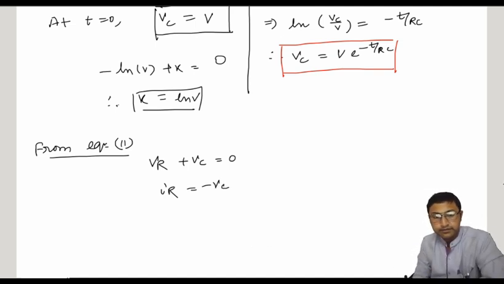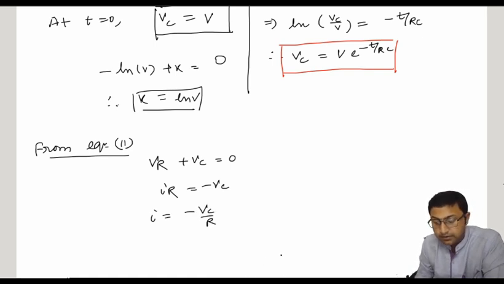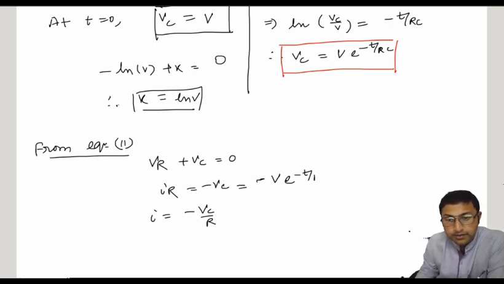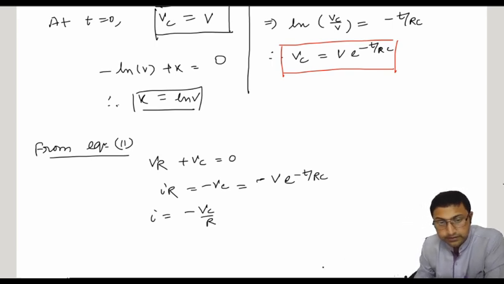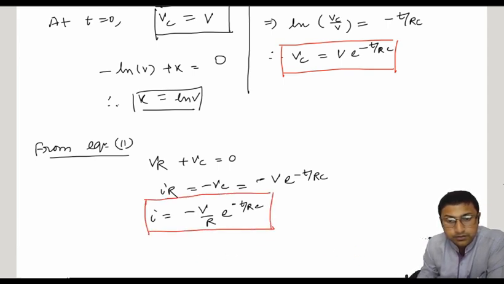So I equal to minus Vc, which means minus V e to the power minus t by RC. That means I equal to minus V by R e to the power minus t by RC. So this is the expression of current when the switch is off.